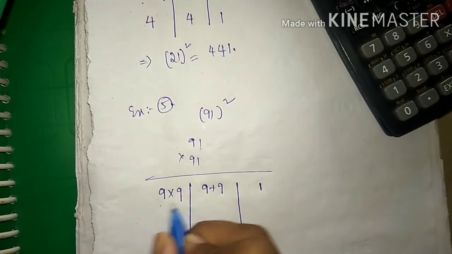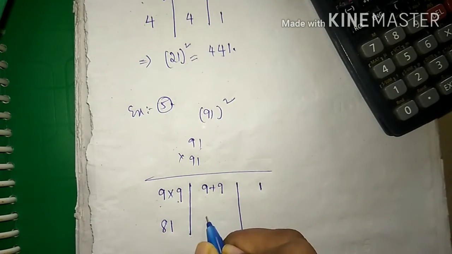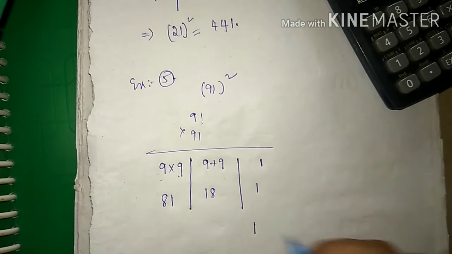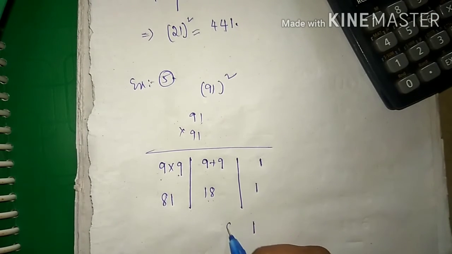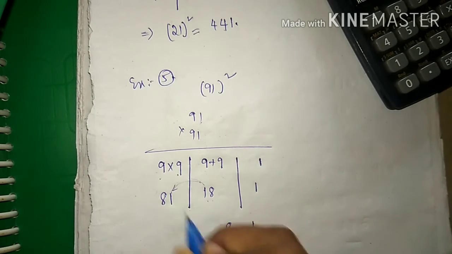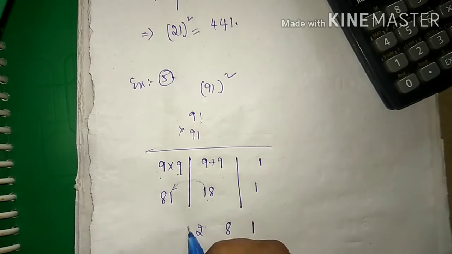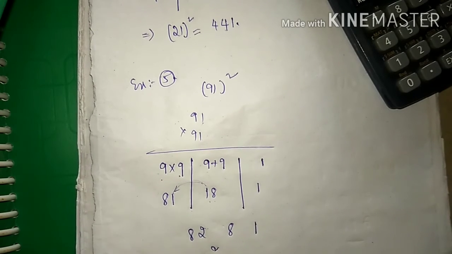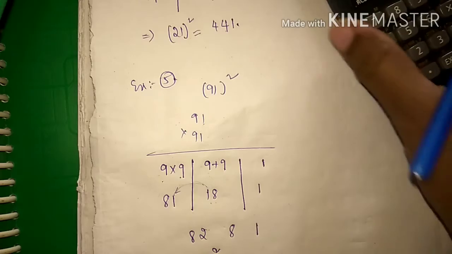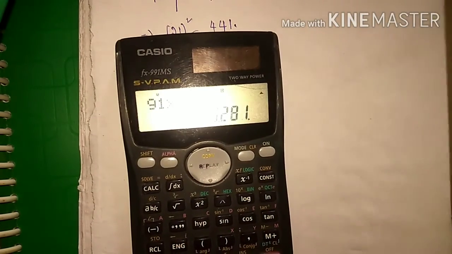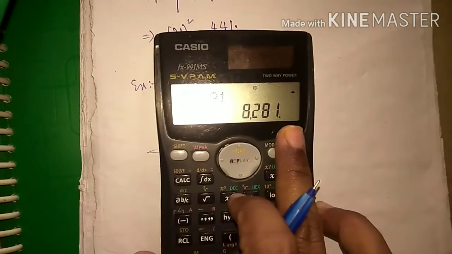Okay, 9 nines are 81, 9 plus 9 is 18, and 1. So here we have to write 8 here, and 1 is carry, it should be added to the other number. So 1 plus 1 is 2 and 8 is remaining. So 91 whole square is 8281, right guys? Let me check. 91 into 91 which is 8281.